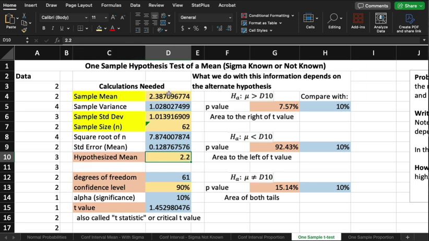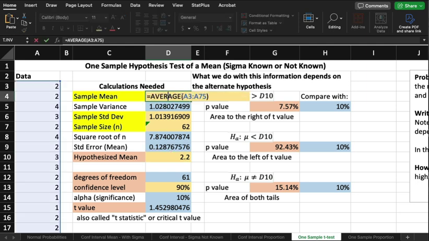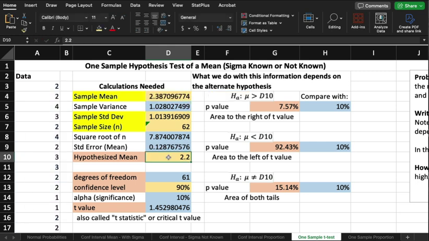So those two numbers will be different. One of them is your sample mean, the other one is the hypothesized mean. And I've typed them in here. For the sample mean, we just did the necessary calculation. And for the hypothesized mean, I just typed that into the cell.